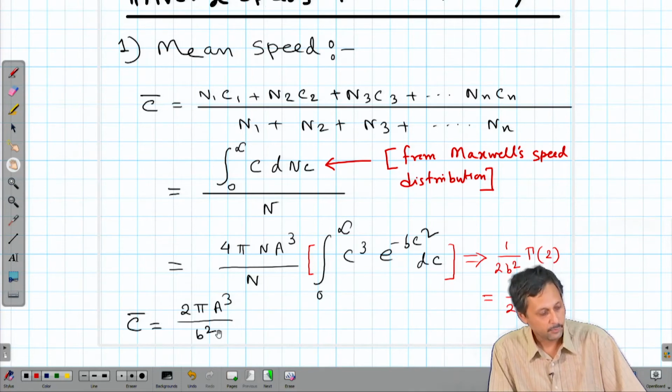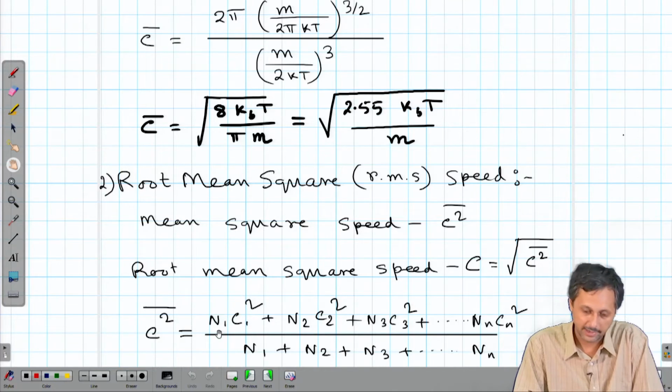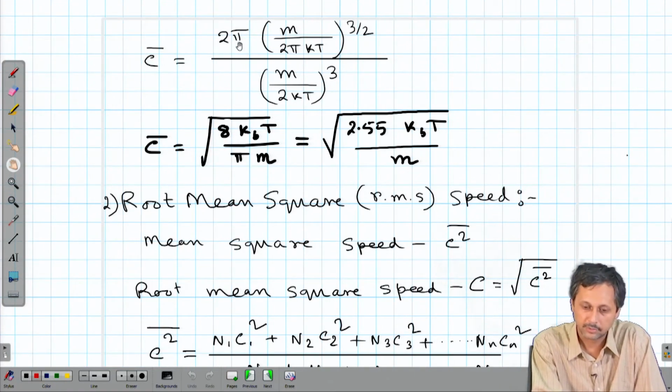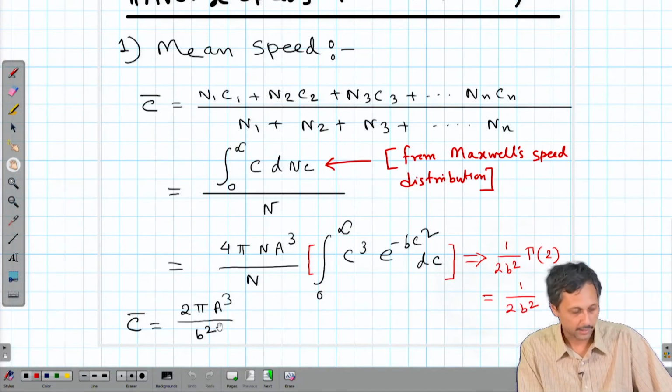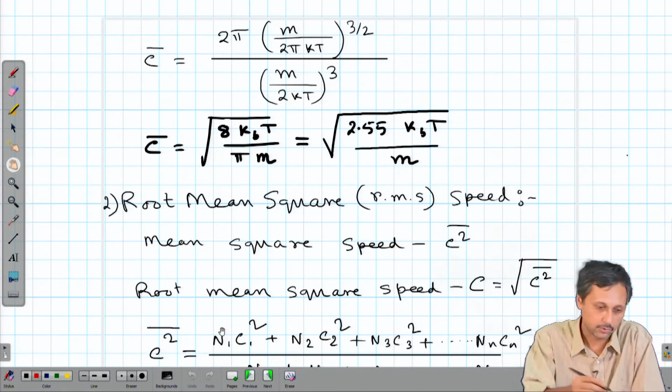Now, this is the time when we can actually put the values of a and b. We put the value of a as m by 2 pi kT whole to the power 3 by 2, and b as m by 2 kT. Sorry, it is b square and a cubed. So, b will be m by 2 pi kT whole square, not whole cubed.